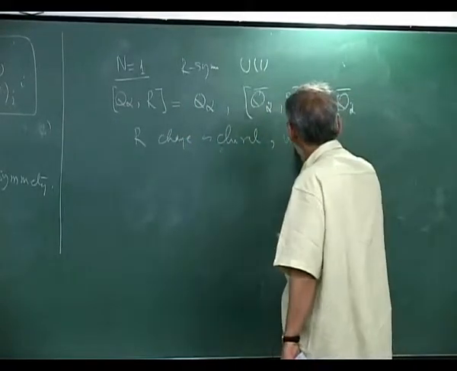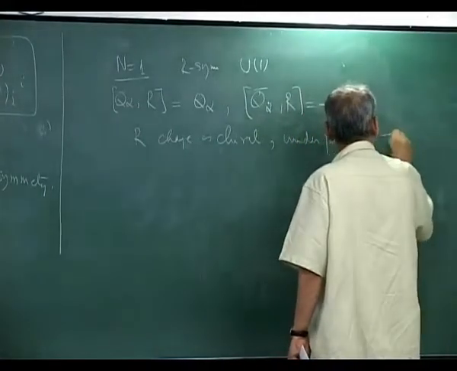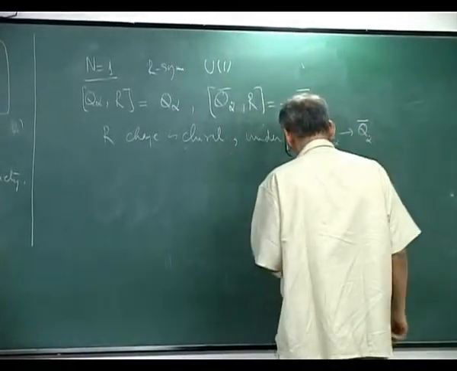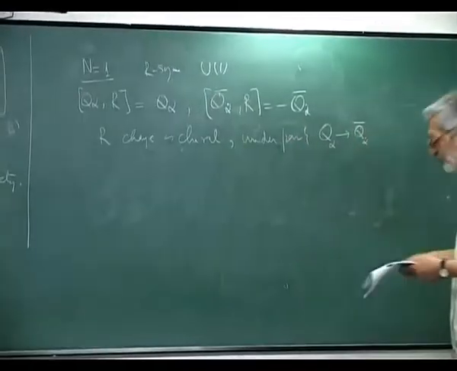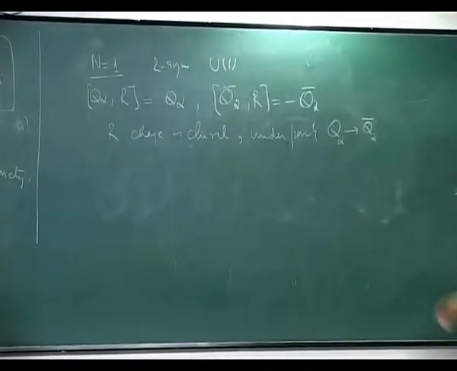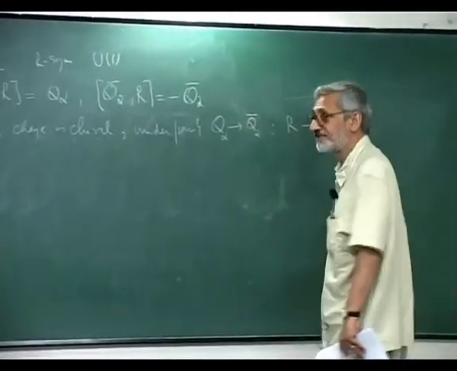Under parity, Q goes to Q bar, and therefore R goes to minus R.